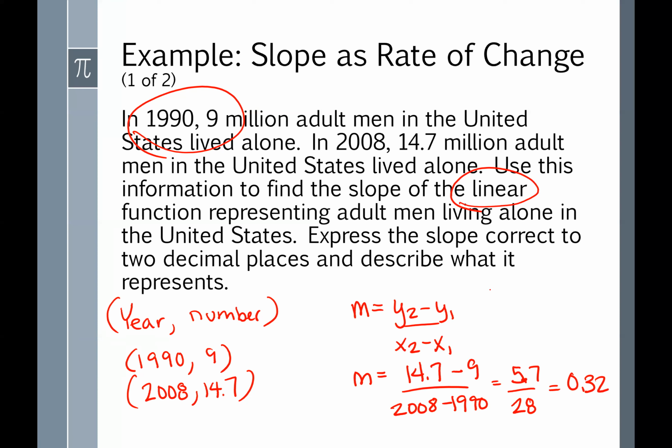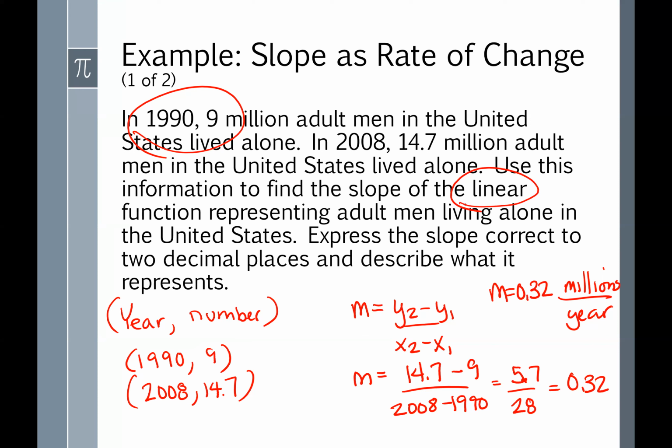Well, let me write it where we can see it. The numerator of my slope, the 14.7 and the 9, are millions of men. And the denominator, the 1990 and the 2008, were the year. So what this says is the slope is 0.32 millions per year. And since it's linear, what does that mean? It means that every year, the number of adult men living alone is increased by 0.32.